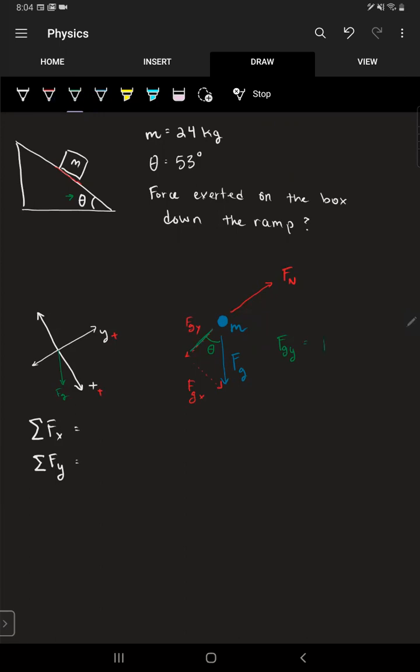So Fgy is equal to Fg cosine theta, and Fgx is equal to Fg sine theta. Now this is the reverse of what you learned previously. That is because this is called a vertical angle. The angle is against the y-axis. So for a vertical angle, x is solved with sine, and y is solved with cosine.